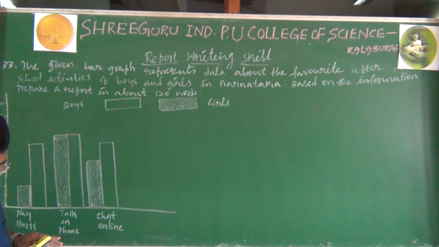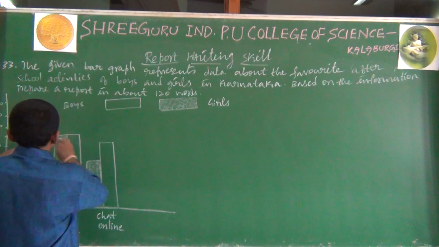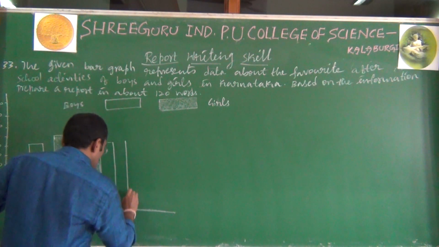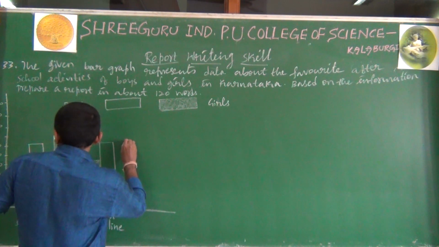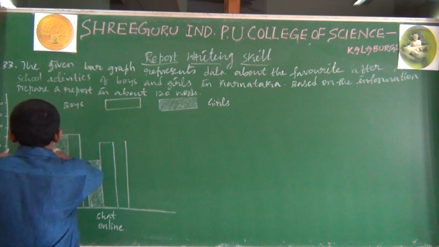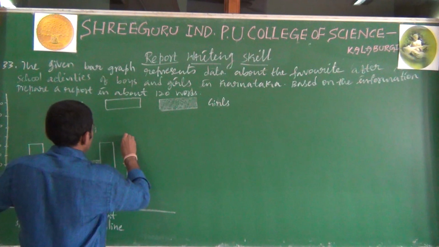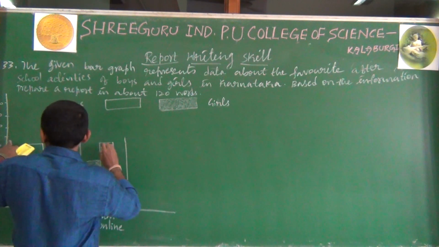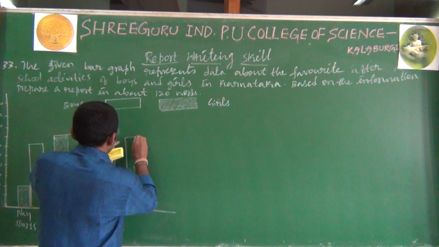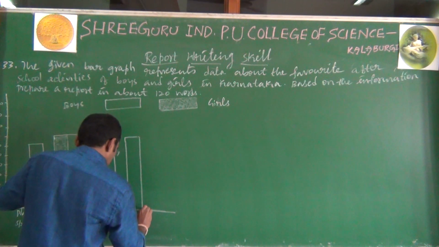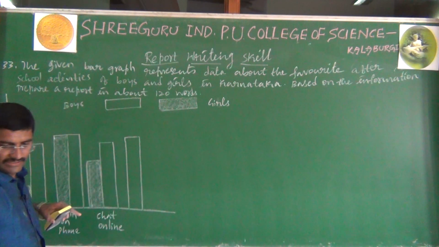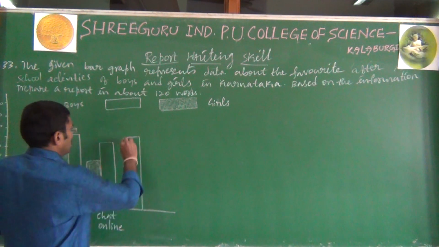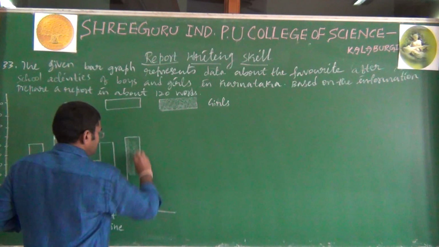Next, another area with 65%. 65% to be drawn. Little more, not even to 70, little more, 65. It is to be darkened.